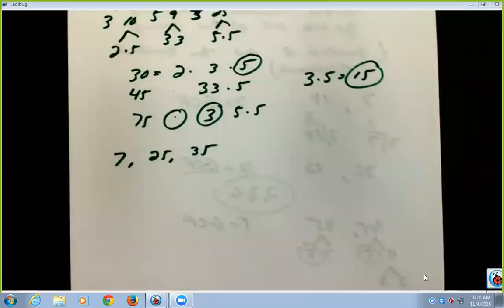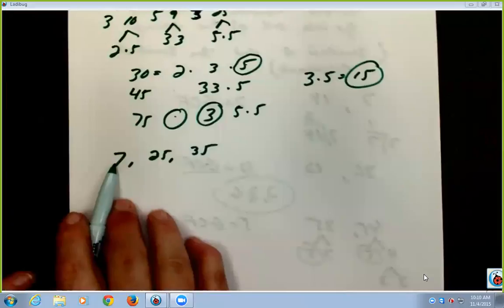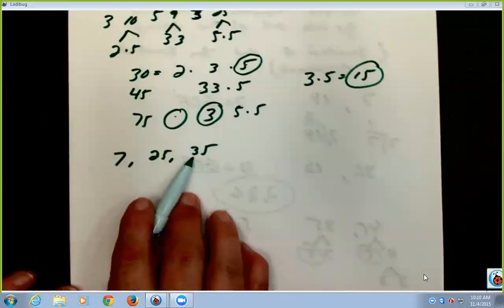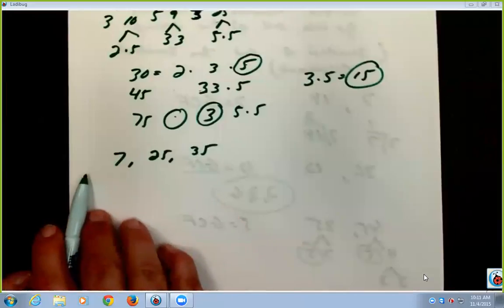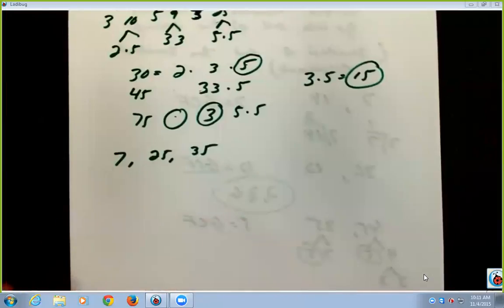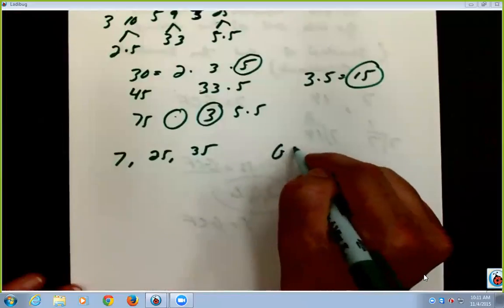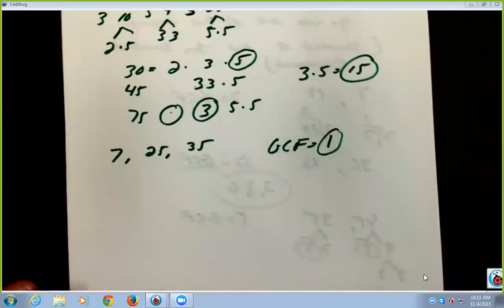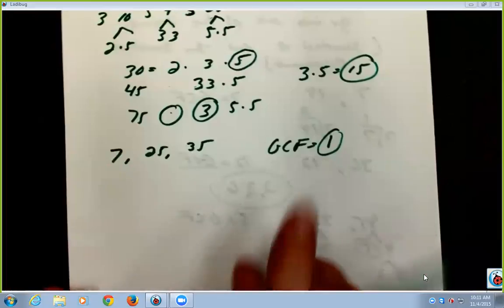So, okay, I can't put anything really. 7 is just 7 and 1. 25 is 5 and 5, and 35 is 5 and 7. But there isn't a number that's in each one of these that's common to all. So my greatest common factor is actually just 1. So I can't put anything in there. So it means I couldn't pull anything out of that whole value.